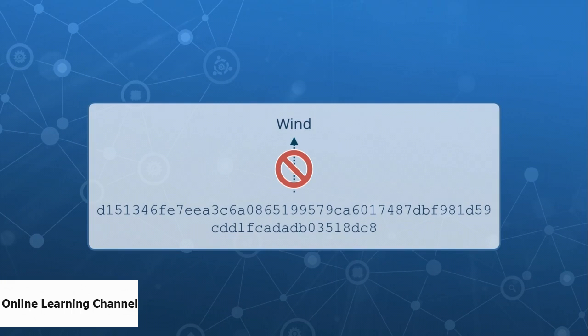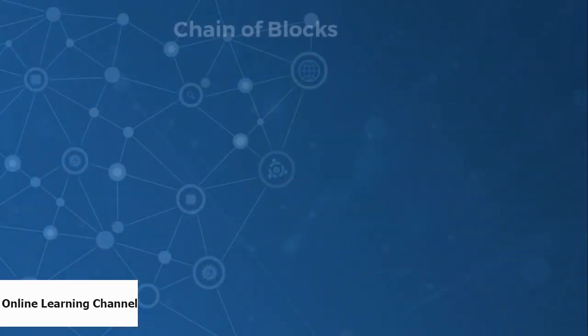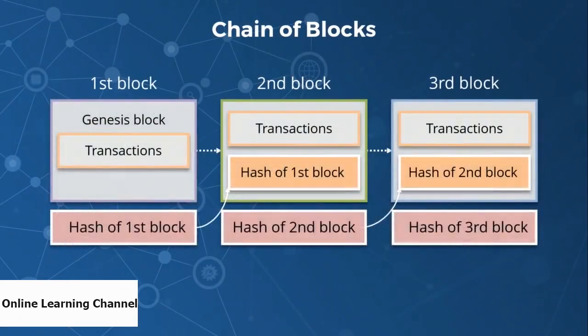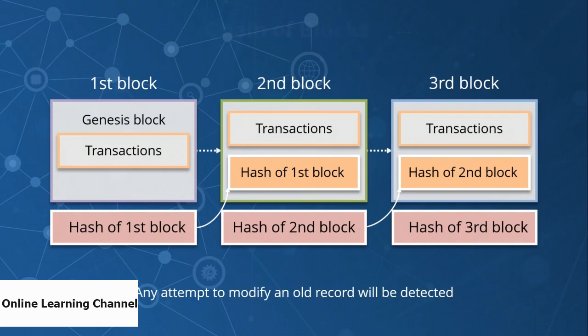We have touched upon the fact that hash collisions are pretty much impossible to predict. All of these characteristics of a cryptographic hash have the effect of ensuring that any attempt at modifying an old record in your blockchain can be very easily detected. So this gives a blockchain the two very important characteristics which we have discussed: immutability and verifiability.